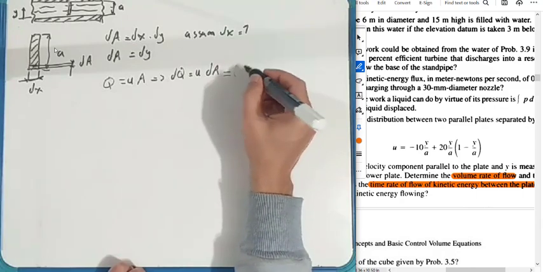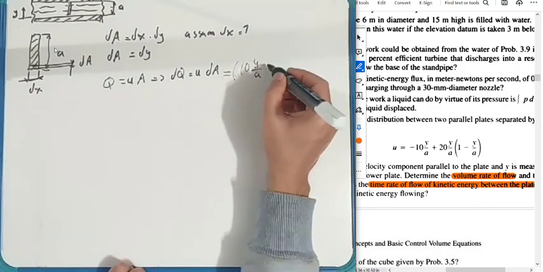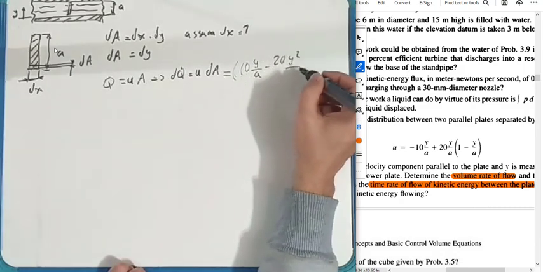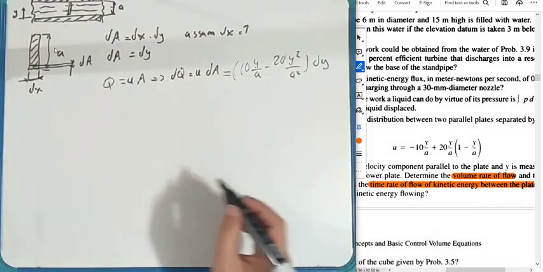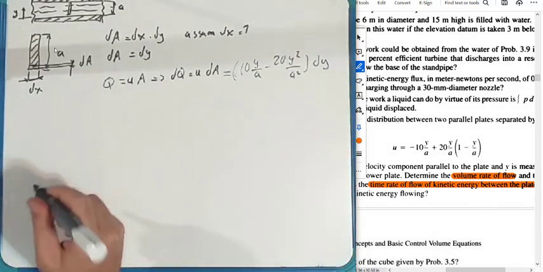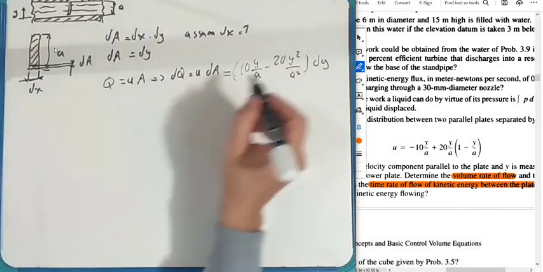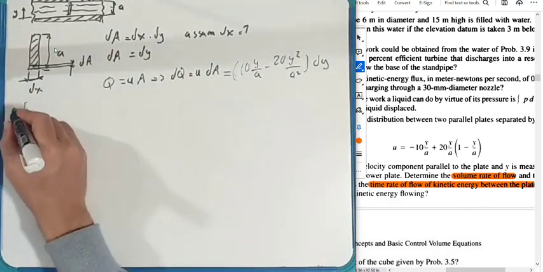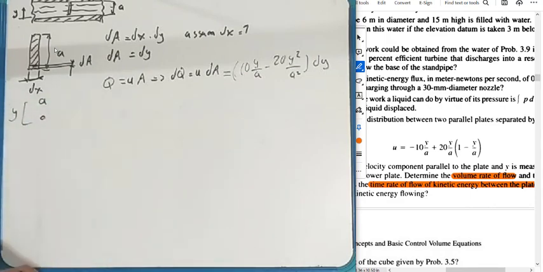If I do that, I will have an equation like that, 10 y by a minus 20 y squared over a squared, dy. I know that if I want to integrate this equation, the limits of y would be 0 to a.